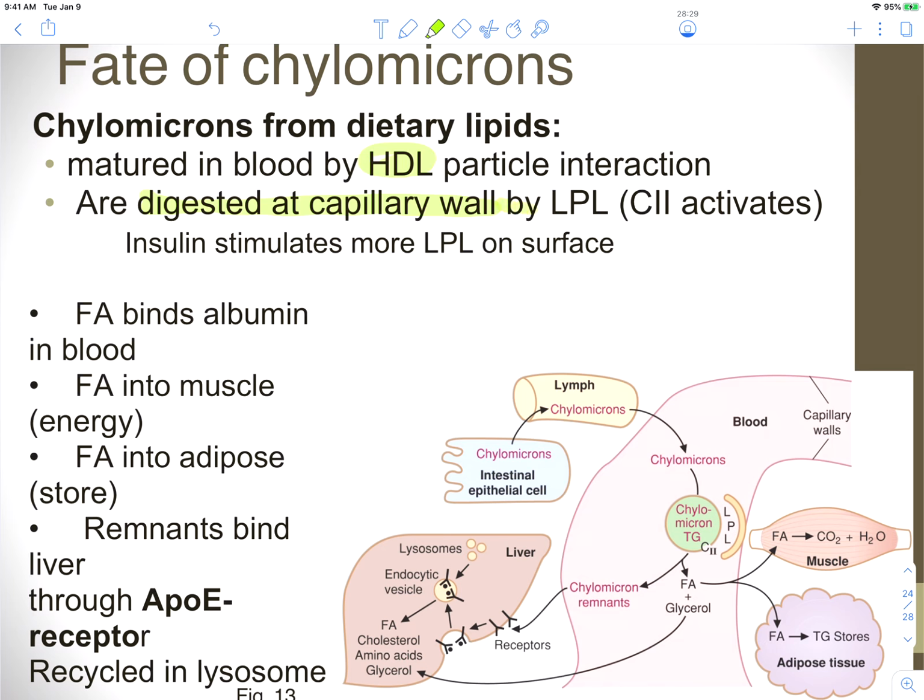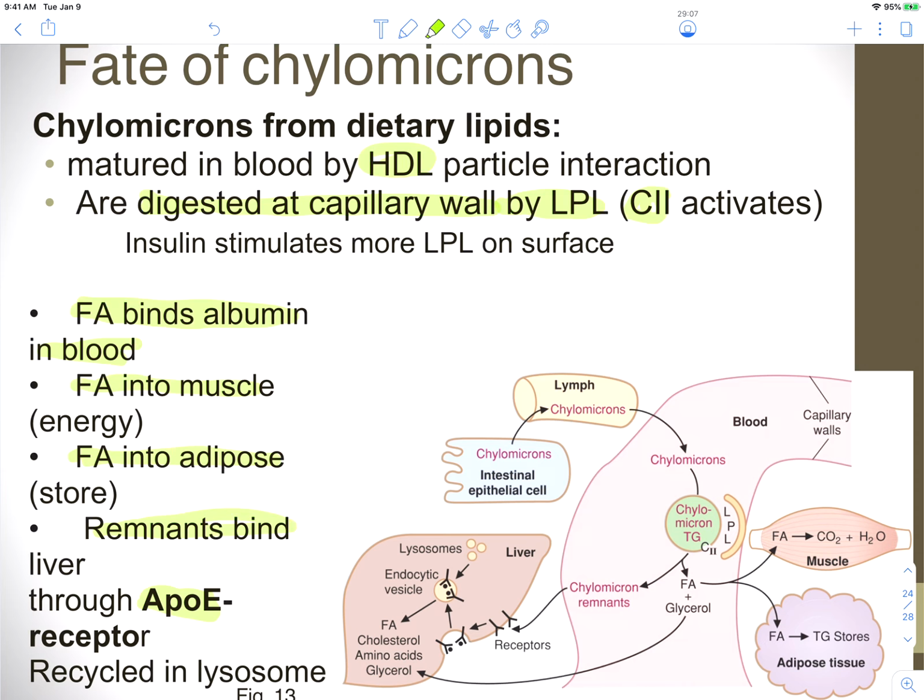So lipoprotein lipase in the capillary cell wall, remember it's binding to that C2 that was donated by your high-density lipoprotein, is going to digest your TAGs into free fatty acids. So the free fatty acids will bind to serum albumin in the blood, and then the fatty acids can go into the muscle for energy, or it can go in the adipose tissue to be stored. And the remnants are going to go to the liver through ApoE and be digested by your liver cells.